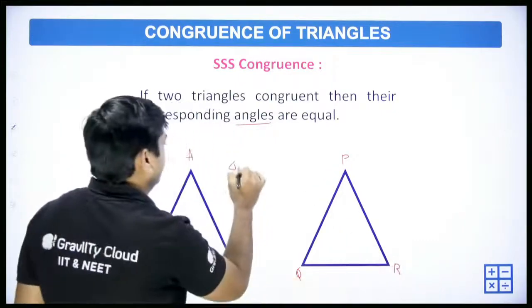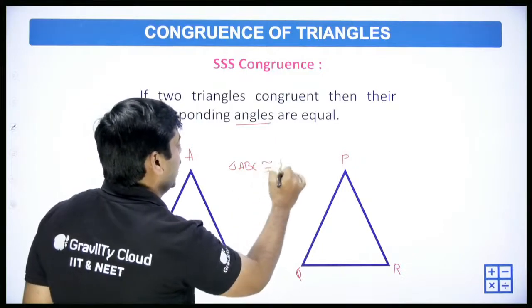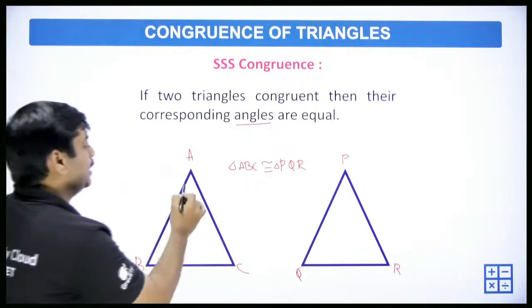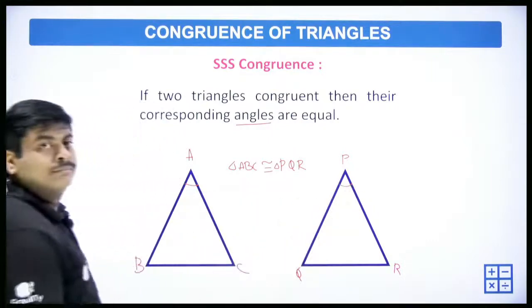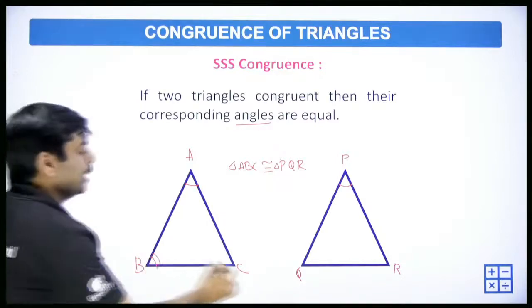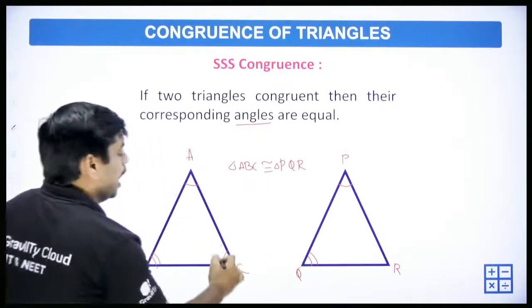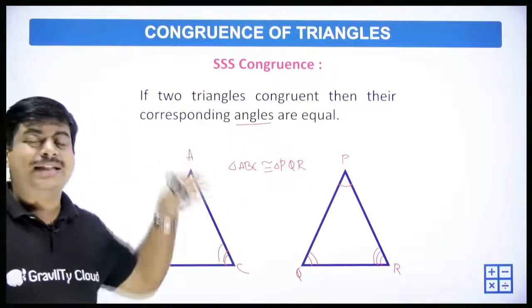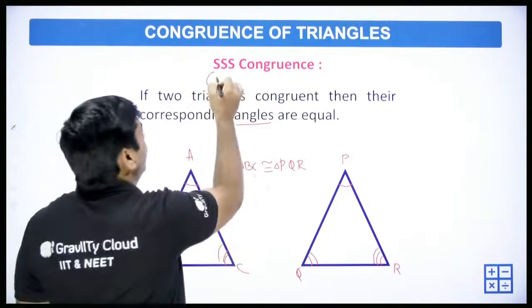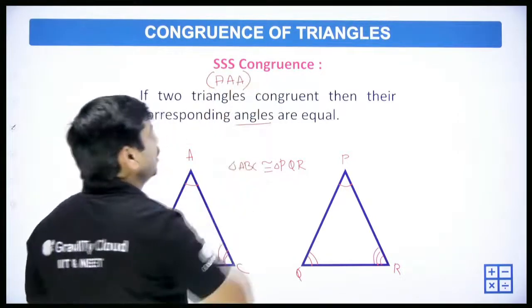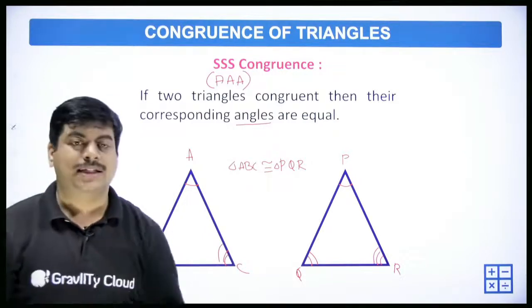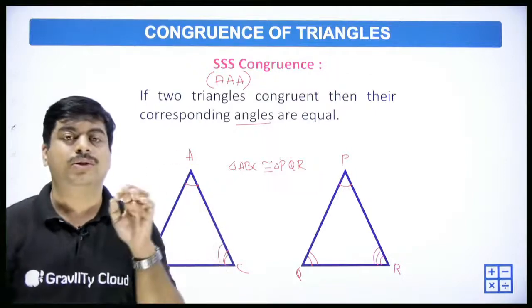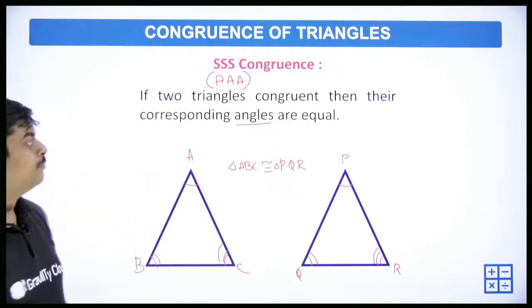If I say triangle ABC is congruent to triangle PQR, then the corresponding angles are equal: angle A and angle P, angle B and angle Q, angle C and angle R. So we discussed SSS, but inside that we also have one more congruence, AAA. That means if all three sides are equal, the corresponding three angles of both congruent triangles will also be equal. Right.